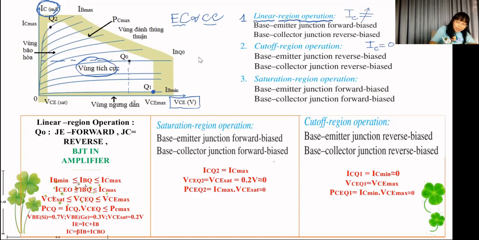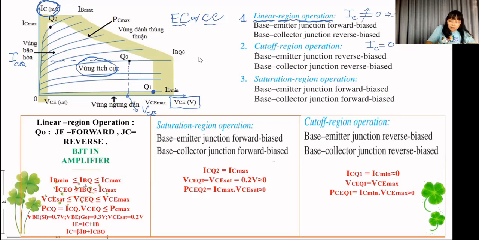In the volt-ampere characteristic you see VCE. We call it BJT in the linear region of operation. And only in this case, we have Q0, the power is increasing.